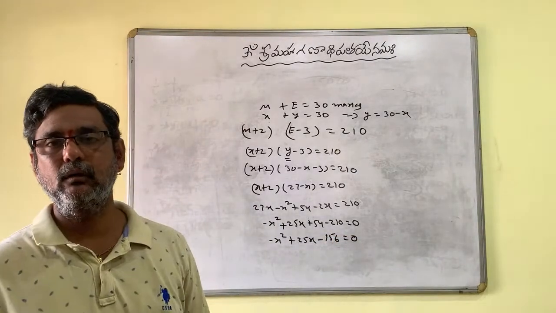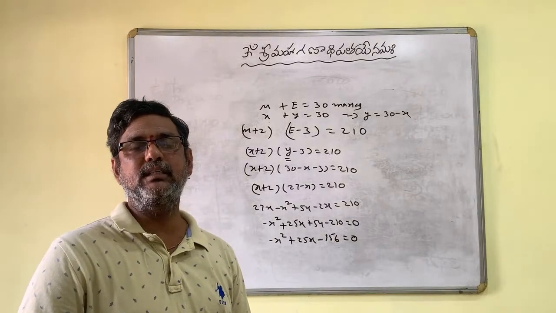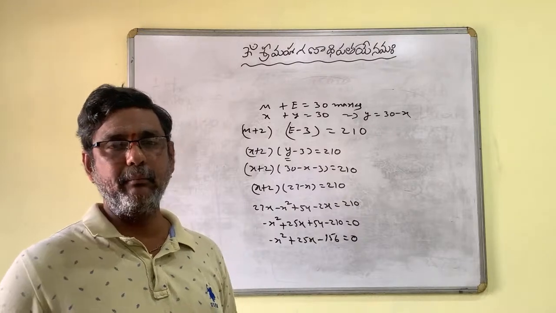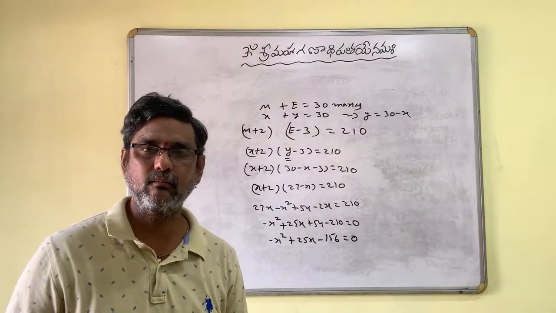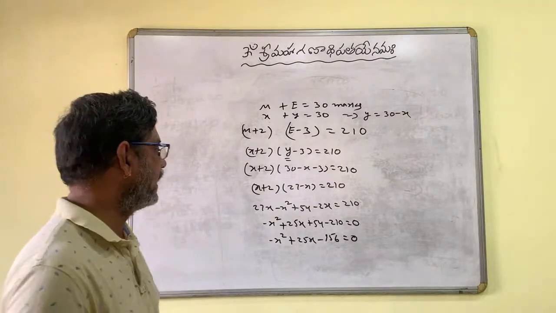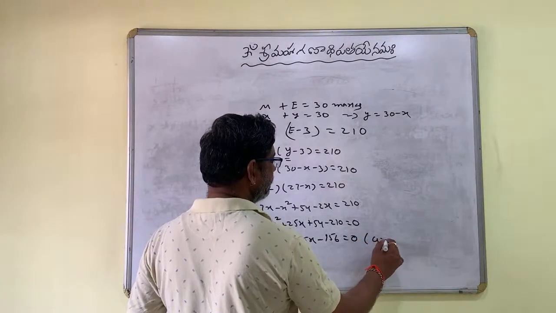Now, children, I am giving you a chance to apply the quadratic formula and find out the zeros of x. Do it immediately, fast. What is A, what is B, what is C? Compare this one with the general form.